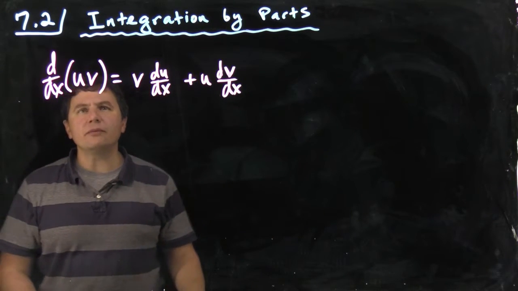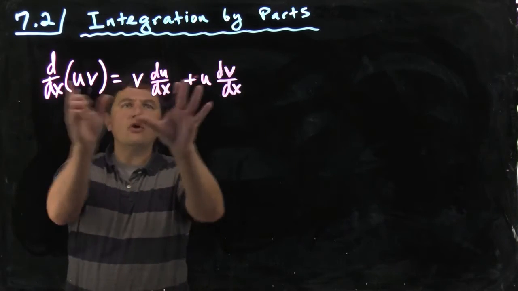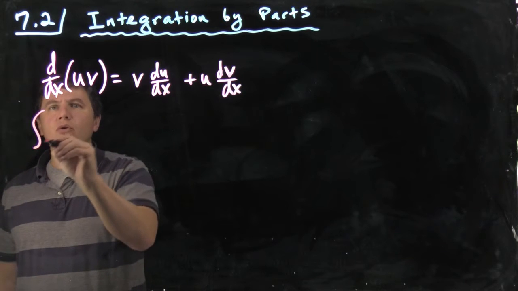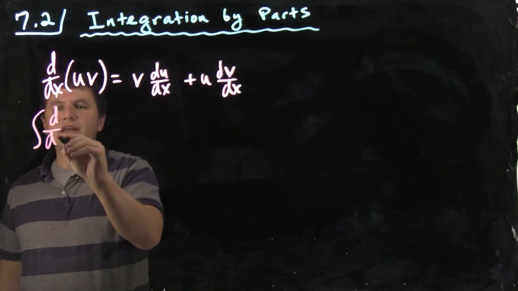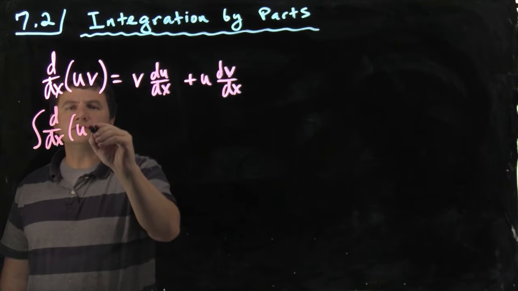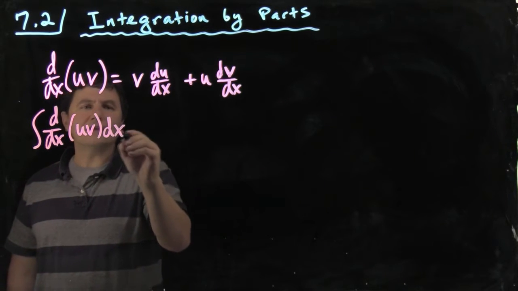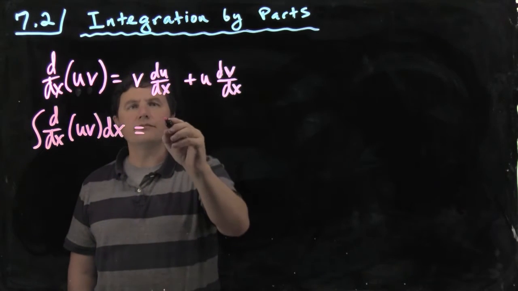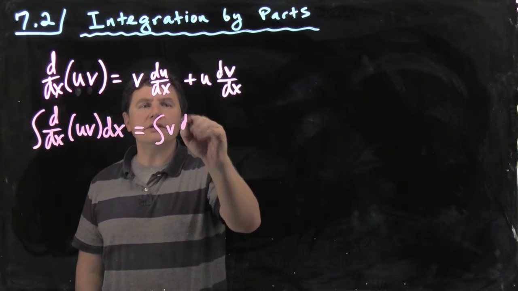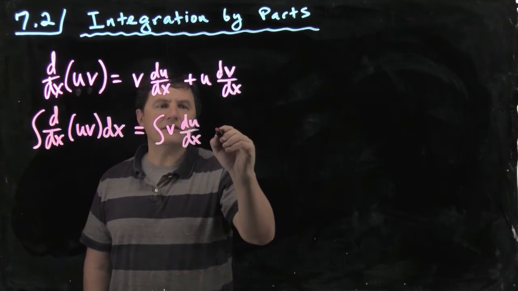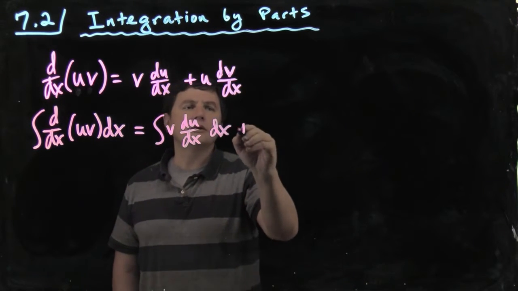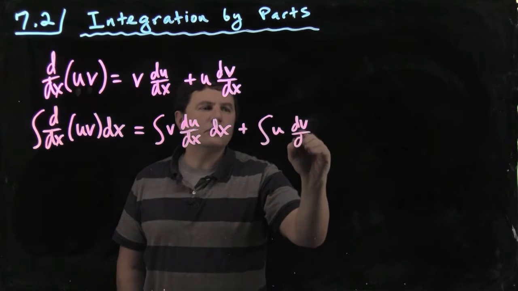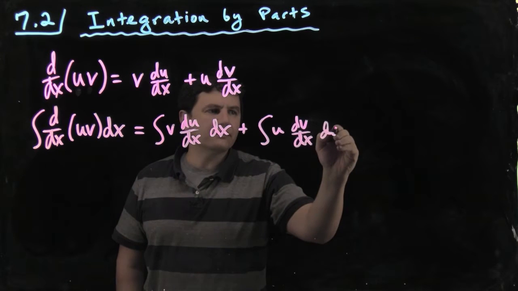Okay, so that's of course just product rule using fancy notation. So now what I'm going to do is integrate both sides. So I'm going to integrate all three of these terms in terms of x. So that would be the integral of d over dx of uv dx is equal to the integral of v du over dx in terms of x, plus u dv over dx in terms of x.